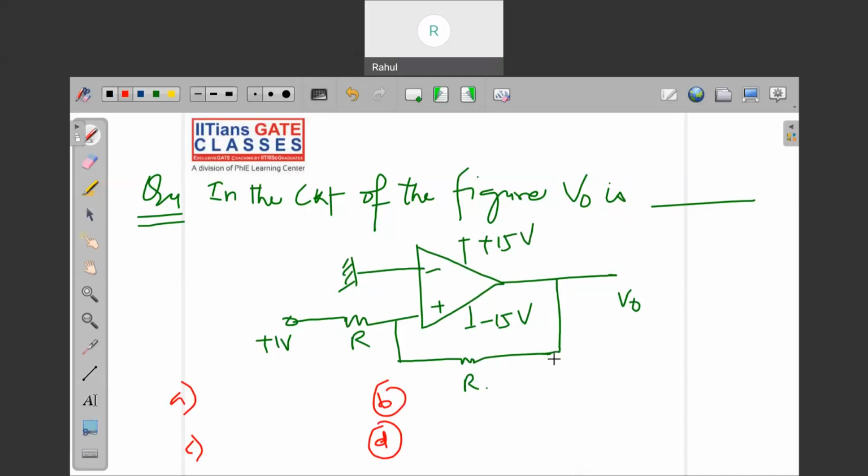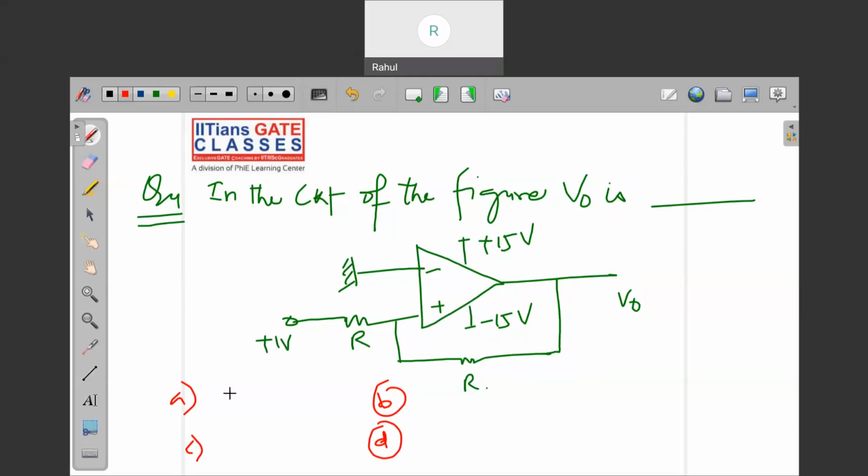If you are not able to identify what kind of feedback it has, and you start solving, you will say the answer is -1, but the answer will not be -1 for this question, because this op-amp is under positive feedback. So this will behave like a Schmitt trigger, or you can say it will behave like a comparator, right? Your output will be different.